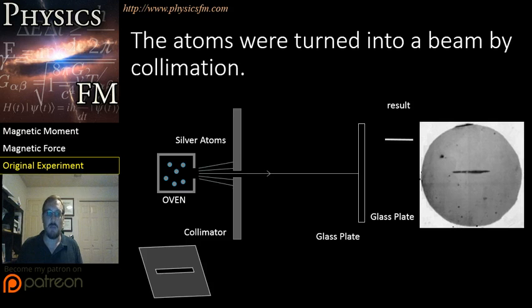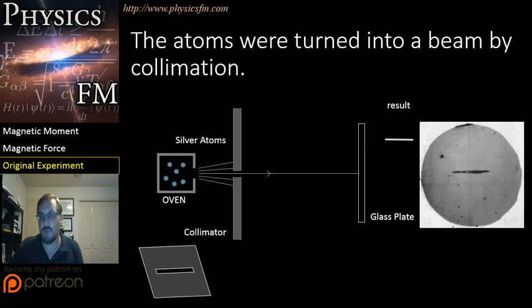So each pair cancels out the magnetic moments. And then it's only that last unpaired electron in the silver atom, that 47th of 47 electrons, that has a magnetic moment that is going to interact with this magnetic field. So we're going to get these moving, and we want to get them in a nice tight beam.